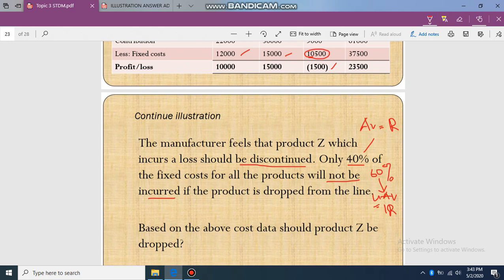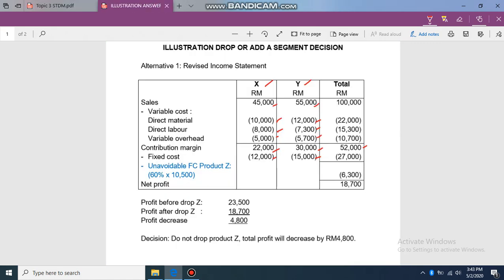This 60% is unavoidable. Unavoidable means even if you do not produce, you also have to pay. So that's why we have to minus the unavoidable 60% of Z fixed cost, 6,300. So in total you will get a net profit for the company of 18,700.